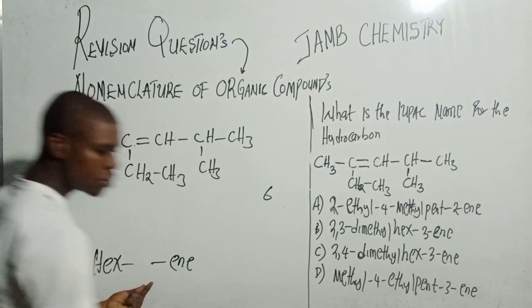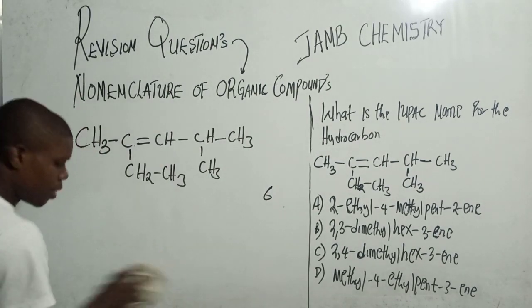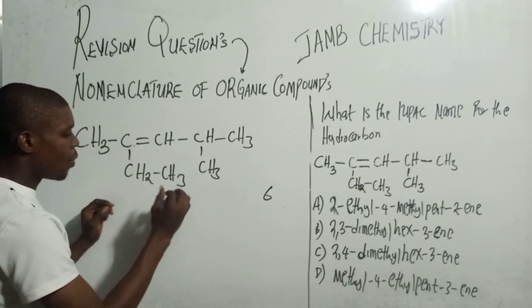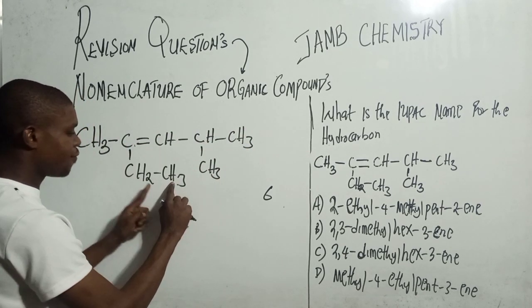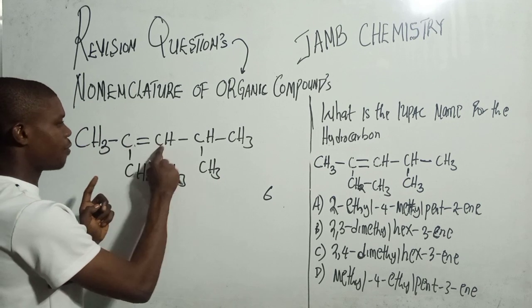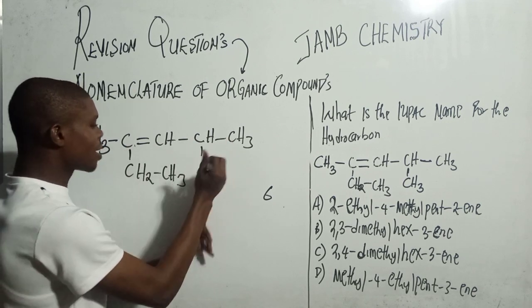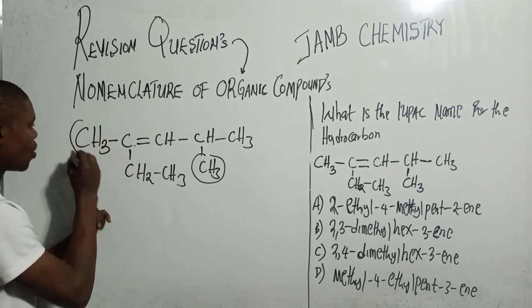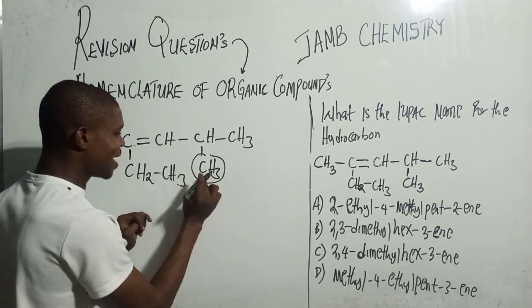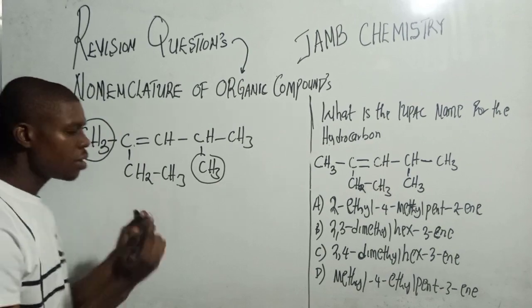Now when I take from here to here, I have 2 substituents. When I count 1, 2, 3, 4, 5, 6, I did not count this one among the chain; it is a methyl.